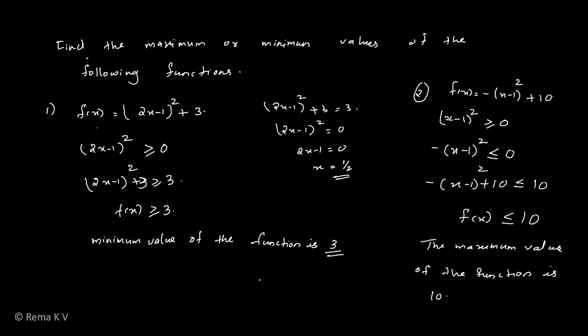Okay, let us move to the next one. Third question. F of x is equal to 9x square plus 12x plus 2.